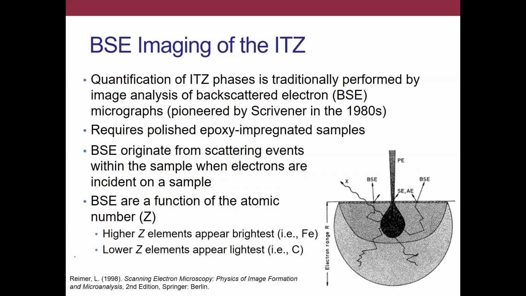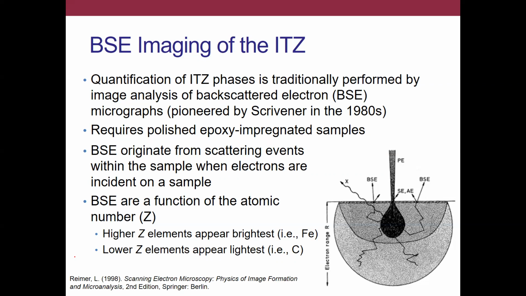In order to do this, you need to take your concrete and cut a section. You need to backfill the pores with epoxy to stabilize the microstructure, and then you polish it essentially down to a mirror finish. The final polishing step, at least in this study, was down to a 1/4 micron diamond paste.